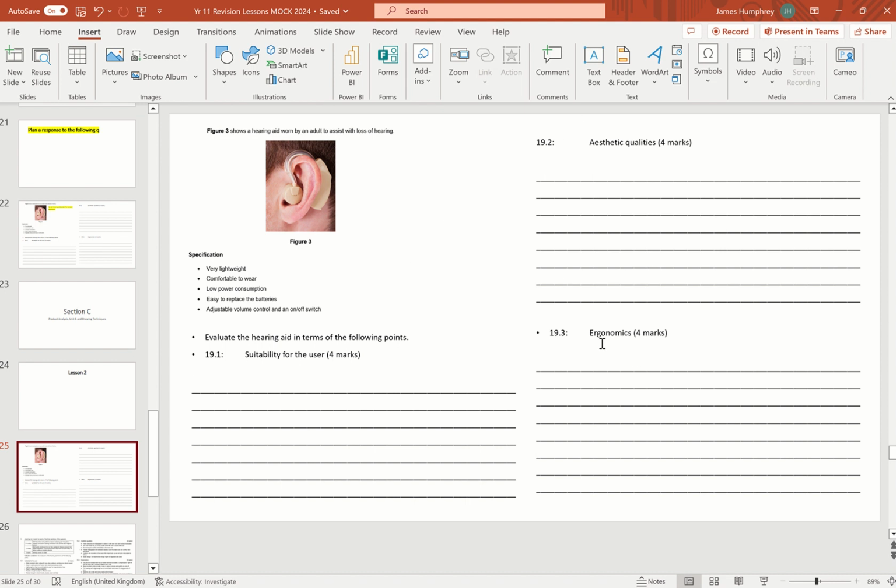And so once you've digested it: it's lightweight, it's comfortable to wear, low power consumption, easy to replace the batteries, adjustable volume control, and on-off switch. Okay, and then you look at this, you've got a transparent tubing. It's reasonably small around the ear. It's a sort of browny pink in colour.